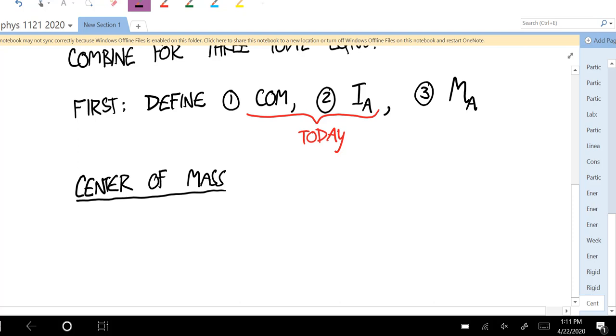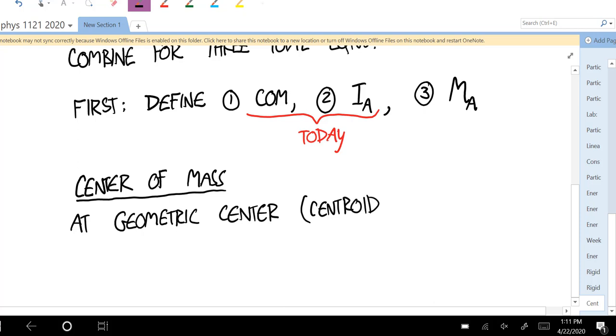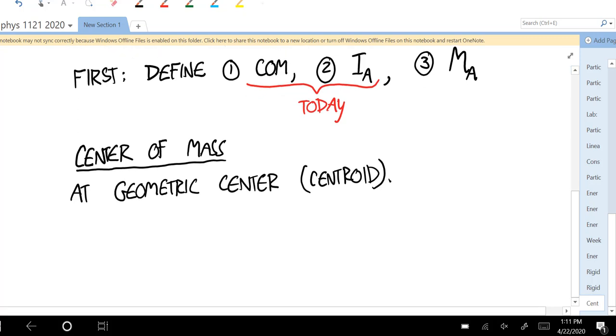In 2 dimensions, the center of mass is at an object's geometric center, which is called the centroid. And the thing that's going to be important for us is that the centroid always has to lie on any axis of symmetry you can find for the body.